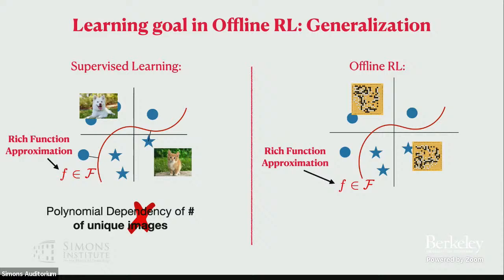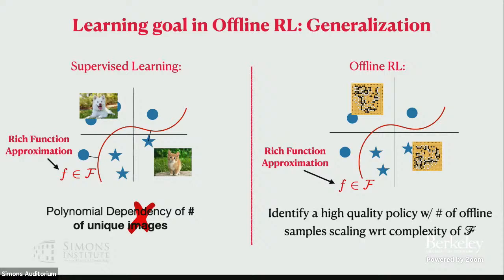We have to make good predictions, even on those board positions that we haven't seen during training time. So mathematically, we want to identify a high quality policy with the number of samples scaling polynomially with respect to the statistical complexities of some function class that we're going to use.